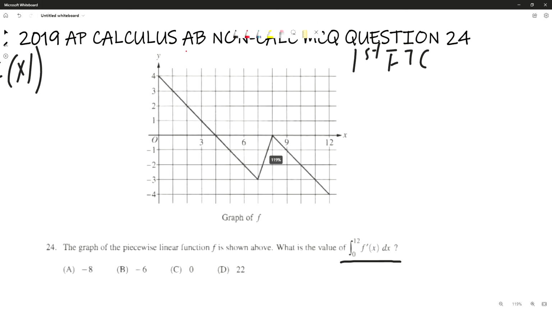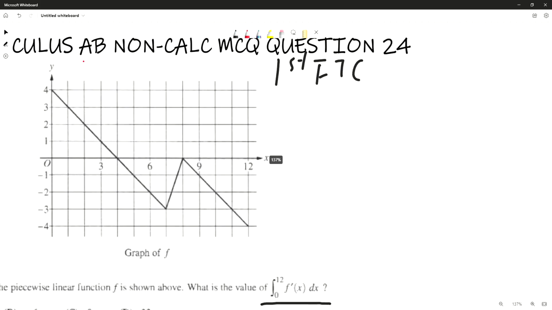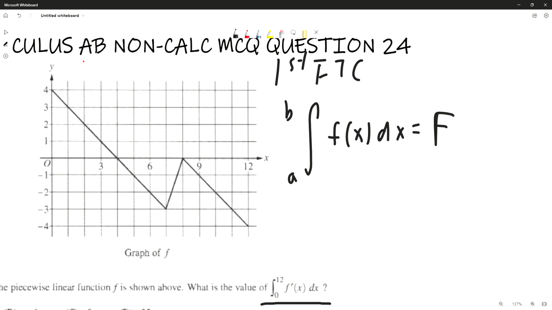The first fundamental theorem of calculus states that the integral from a to b of the function f of x dx equals the function big F of b minus big F of a.